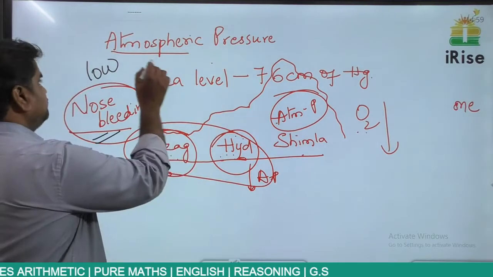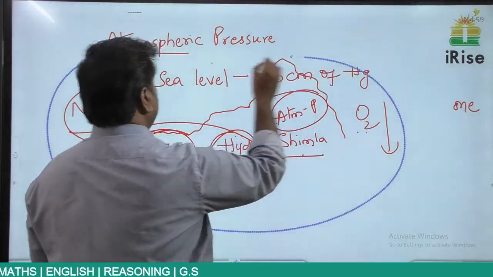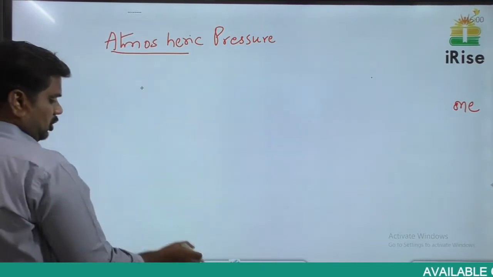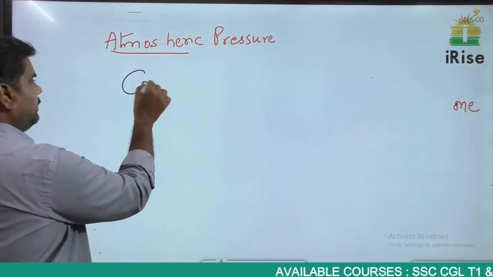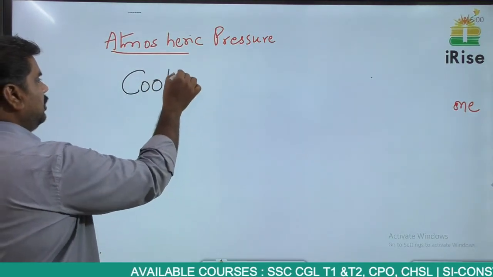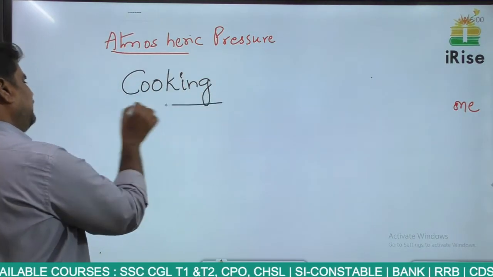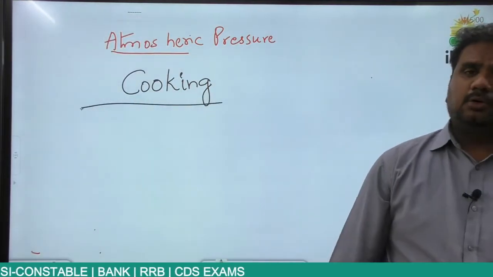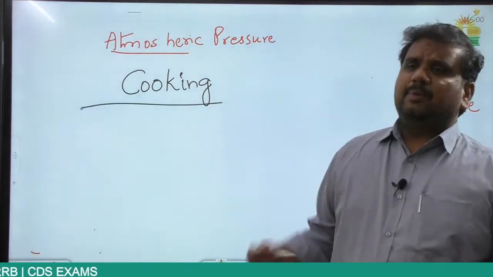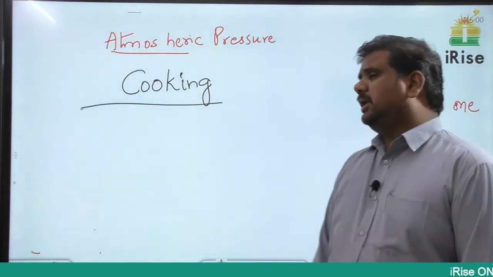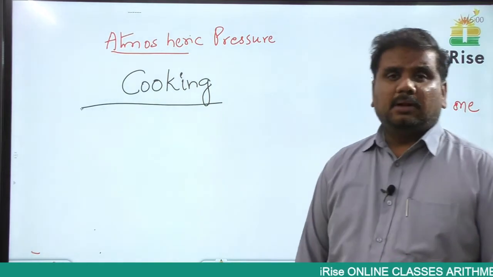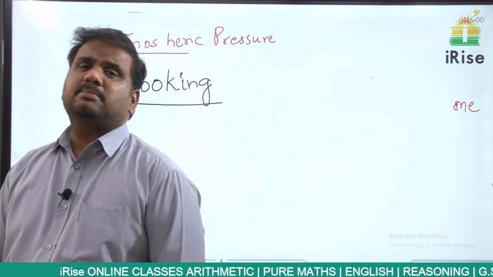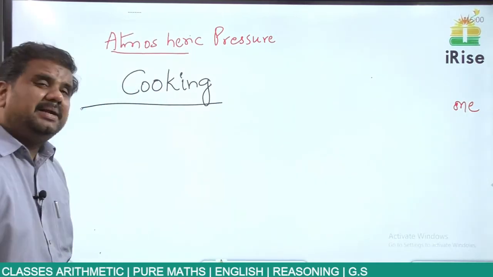At the same time, when you talk about hill stations, you're talking about one particular thing called cooking. At elevated places, cooking is quite difficult. It takes more amount of time.